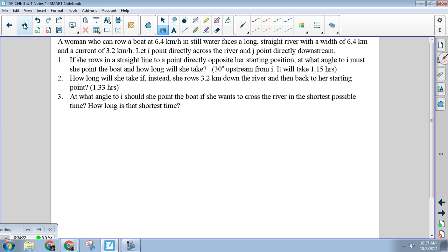Holy beans, what is that all about? So, here's the deal. What this is telling me is that the velocity of the boat relative to the water is 6.4 kilometers an hour, right?